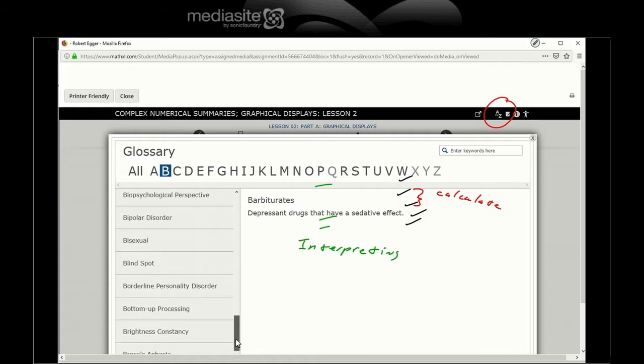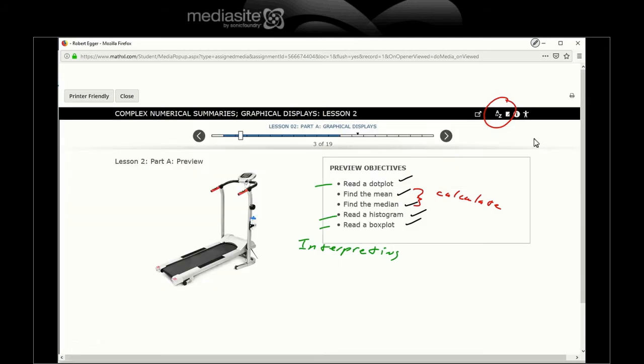I'm not seeing box plot. So some of these you may have to look up on your own. Mean, median, and histogram were in the glossary. Dot plot and box plot were not. So we're going to learn how to read a dot plot, find the mean and the median, read a histogram, and read a box plot.